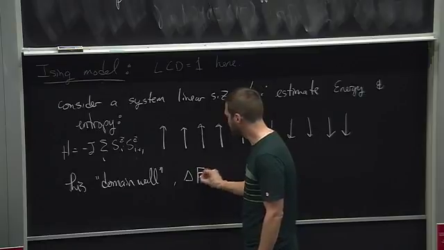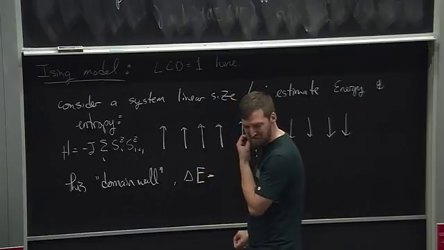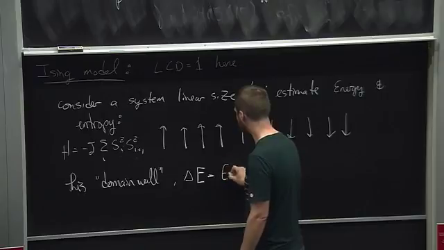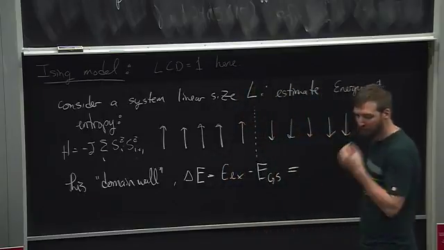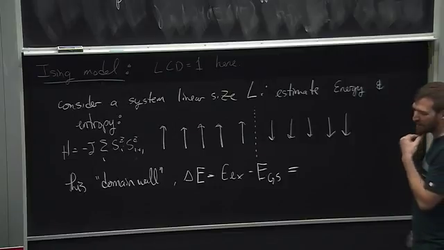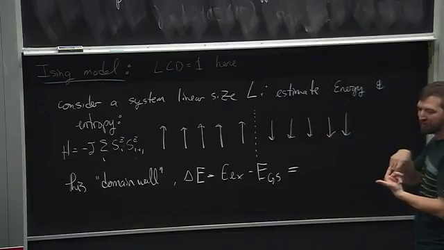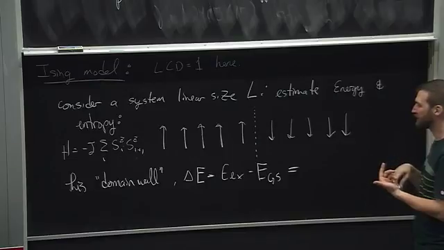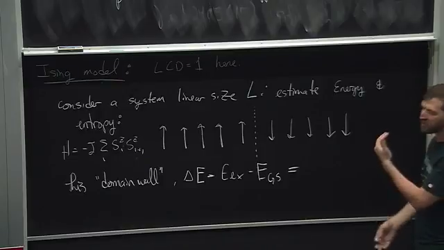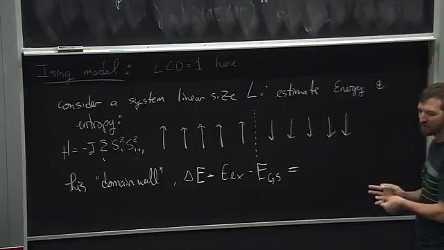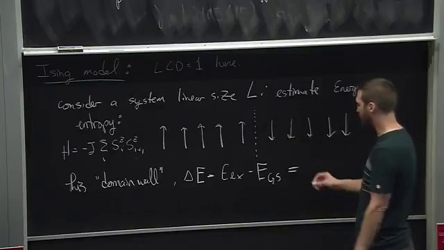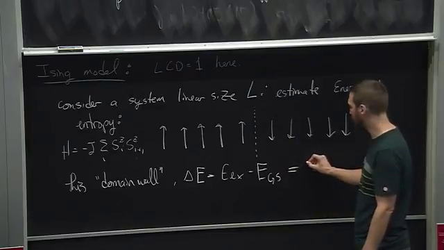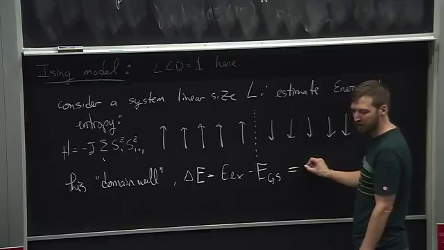So the change in energy in the system, which is the energy of the excitation minus the energy of the ground state, is just that bond term here, so it's just basically a constant. But if you imagine this domain wall in higher dimensions, then if it extended in one of these planes, I would imagine this would go as L to the d minus 1.